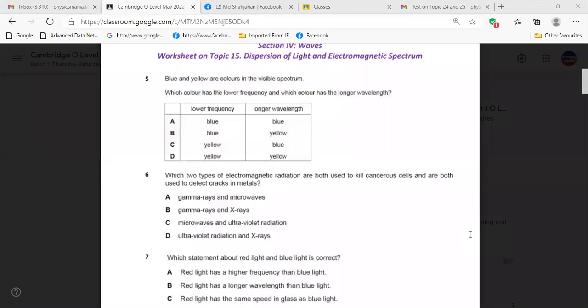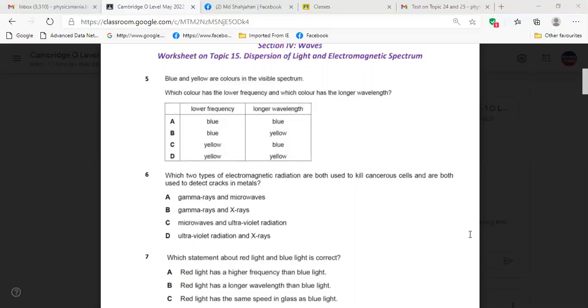If I ask you which one has more frequency and more wavelength, then which one will you choose? Not violet, here in this list.